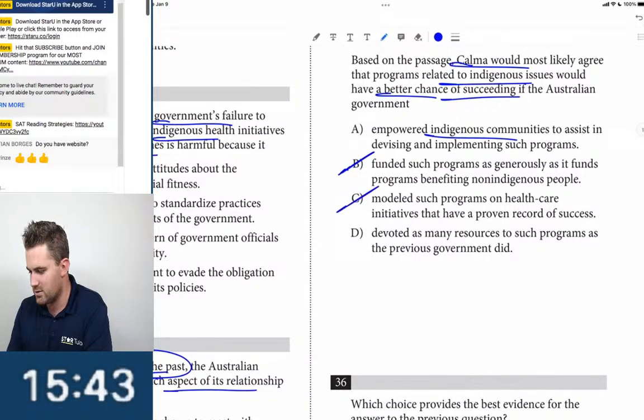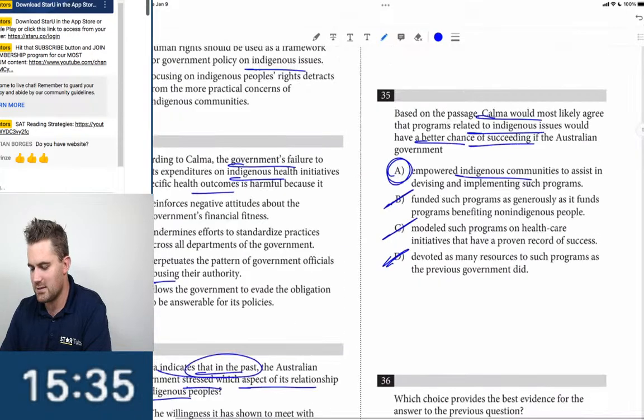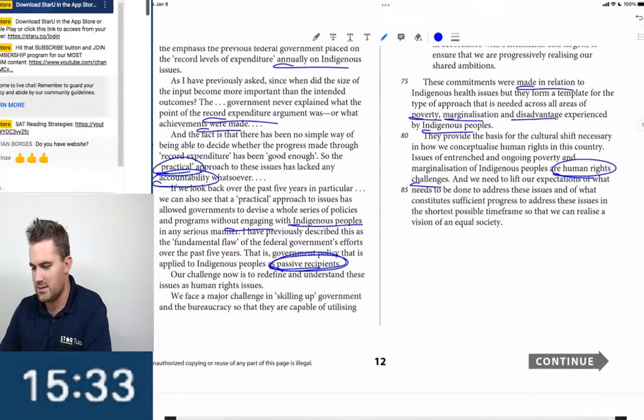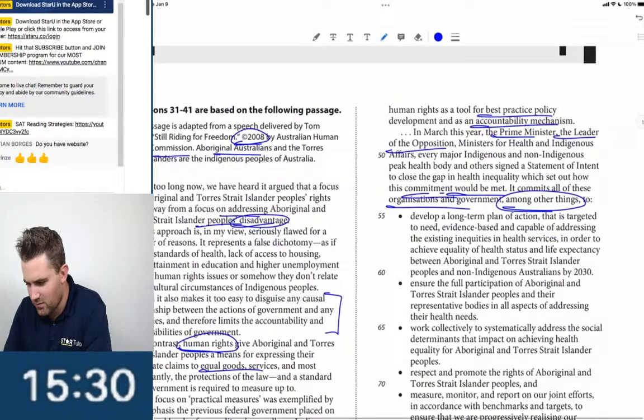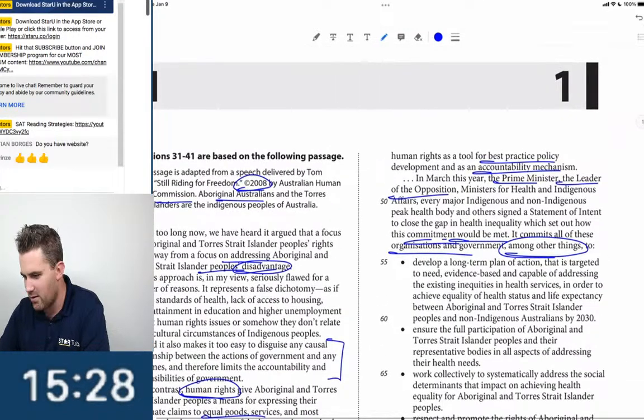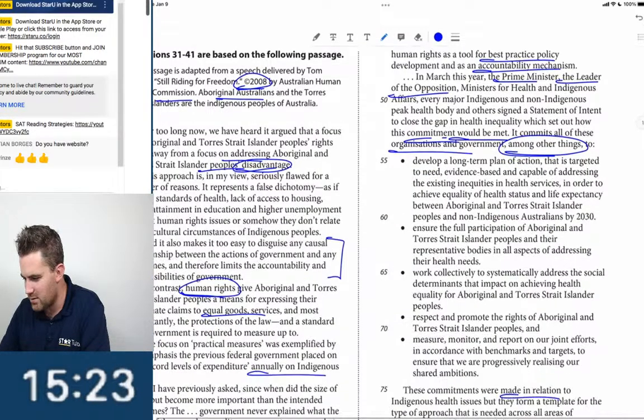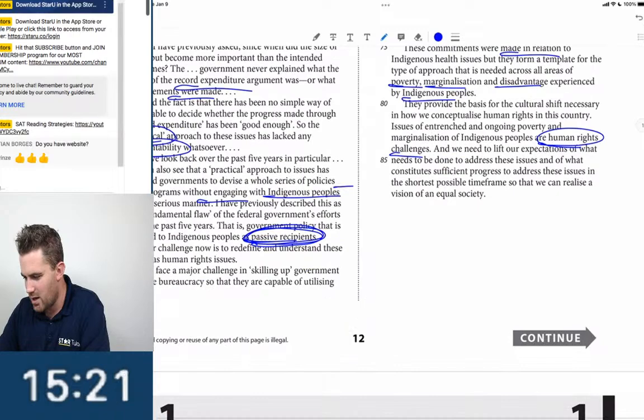I don't think so. No, I don't think it's that one. I think it's empowered indigenous to assist, right, in devising such programs. That's the part. And this is talking about, I know where that is. Passive recipients, right? So it's either right there or in March, the leader signed a statement of intent, so that the committee. I think it's this one, right? Passive recipients.